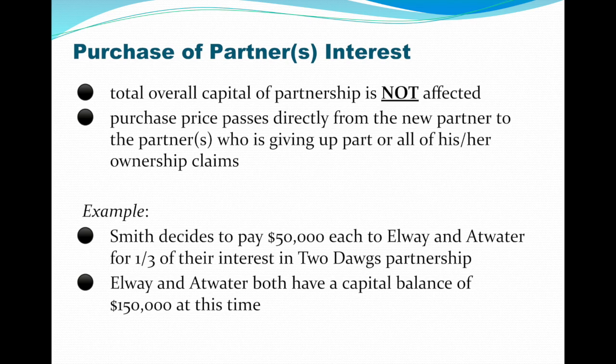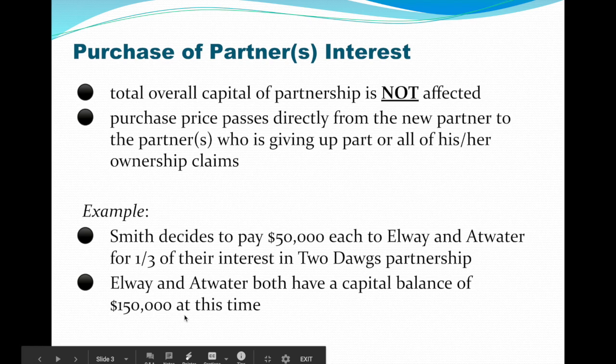Now, if that happens, just note before I show you the entry, Elway and Atwater both have a capital balance of $150,000 at this time. So that's the capital balance they have before this guy named Smith decides to join.